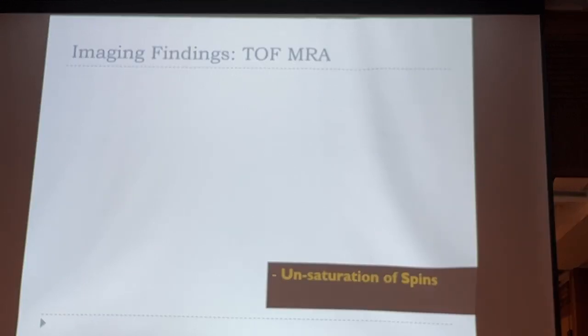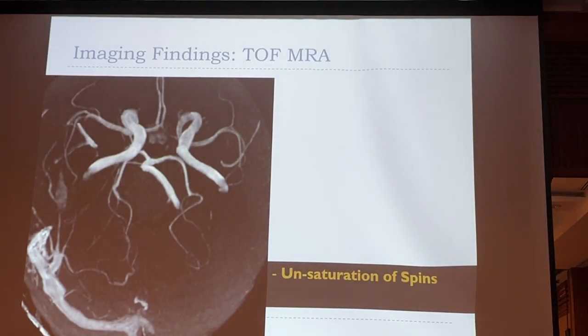Time of flight MRA will be able to show you the so-called unsaturation of spins, and here we have to briefly dig into the physics of time of flight MRA. What you're doing there is putting a saturation band on the top of the head, and all of the spins that are going from cranial to caudal are saturated and therefore will have no signal. Only the spins that go from caudal to cranial will not be saturated and therefore will have a bright signal.